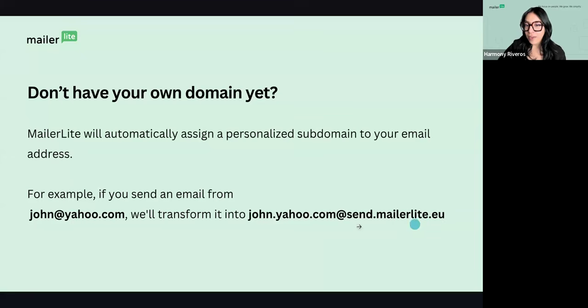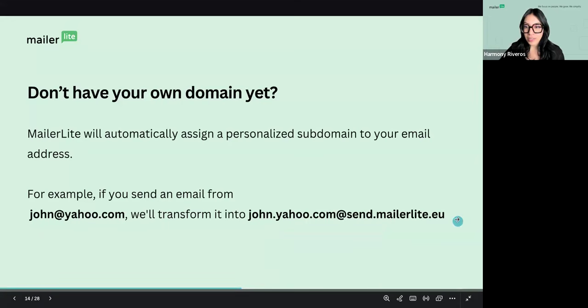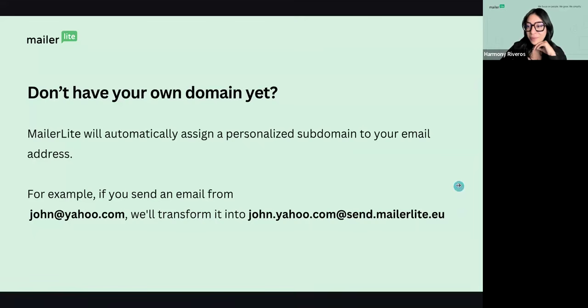Whereas if you have the subdomain added that we automatically assign, it's a lot more likely to be accepted by those inboxes. So it does help your deliverability slightly, not as much as having your own domain, but enough to where you are still able to send with MailerLite using a free domain, and it will not inhibit your deliverability in a huge way, so you can still send newsletters, of course.